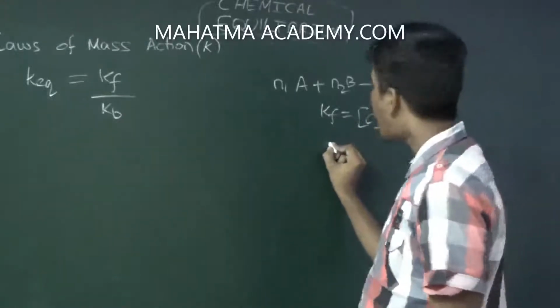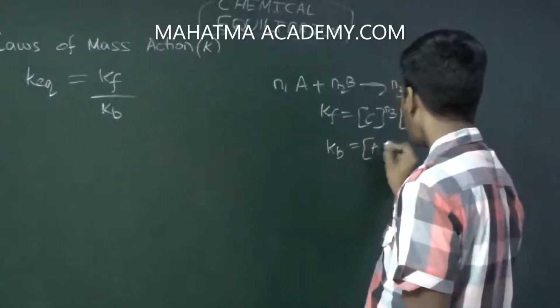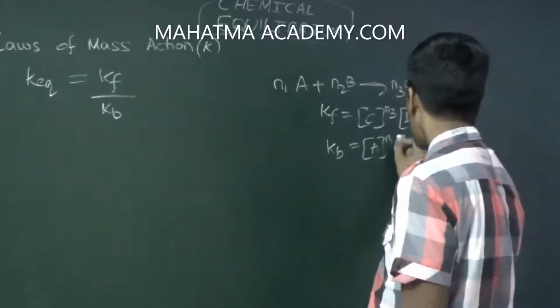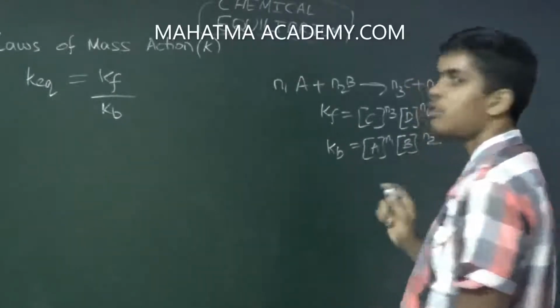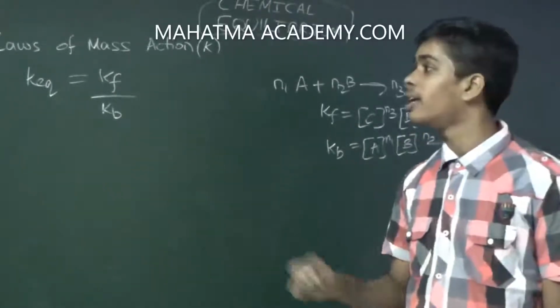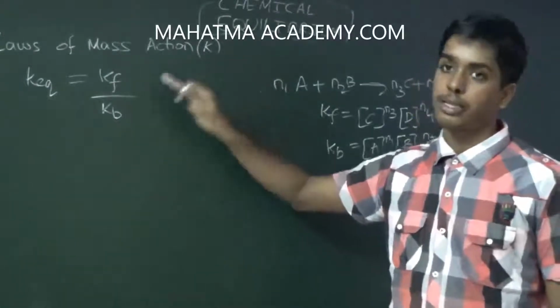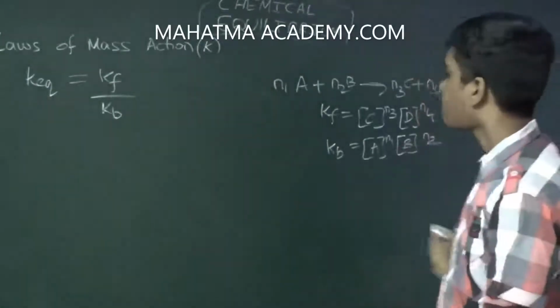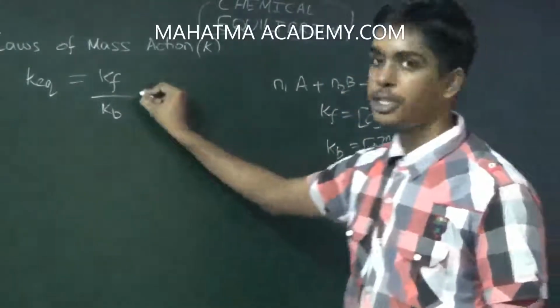Now K backward is equal to A to the power of n1 and B to the power of n2. So students, I said K forward is for reactants, no, they are for products. Sorry. Okay. Now we will substitute this in this equation.